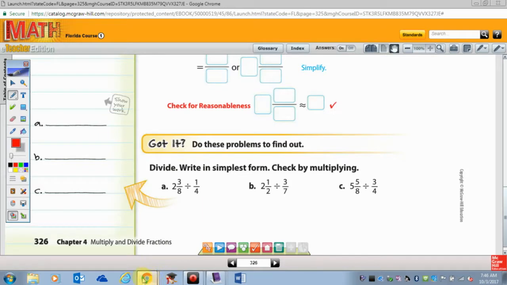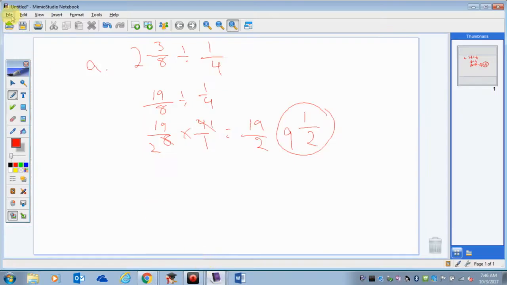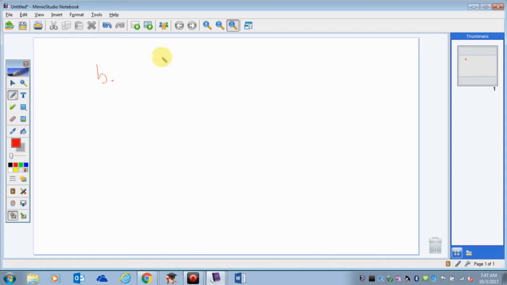Switching to B, which is 2 1/2 divided by 3/7. So I'll get a new page here. B is 2 1/2 divided by 3 over 7. So I change this. 2 times 2 is 4 plus 1 is 5 over 2 divided by 3 over 7.